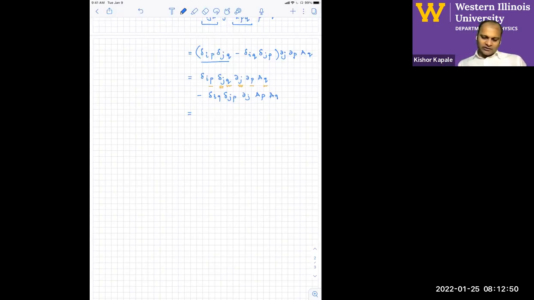So if I want to remove that delta_IP completely, that means in the rest of the physically important terms, I and P should be exactly the same.